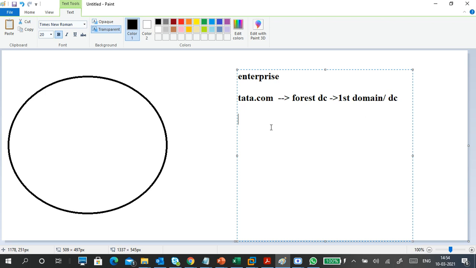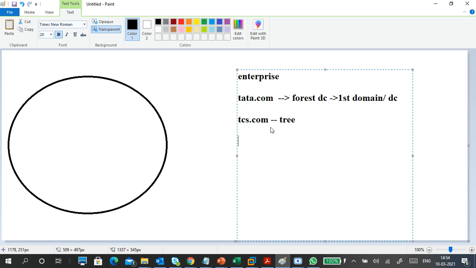Now later I have a lot of industries, so maybe I get different domains, like TCS.com. TCS is a part of the Tata enterprise only, but it is a separate domain. It's a tree domain.